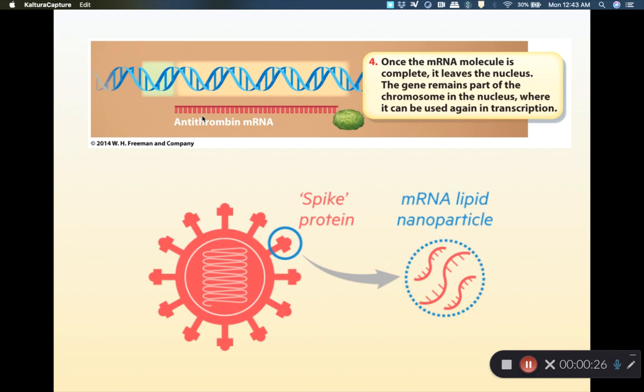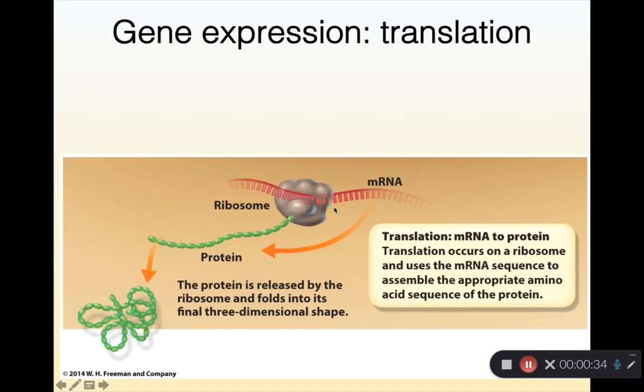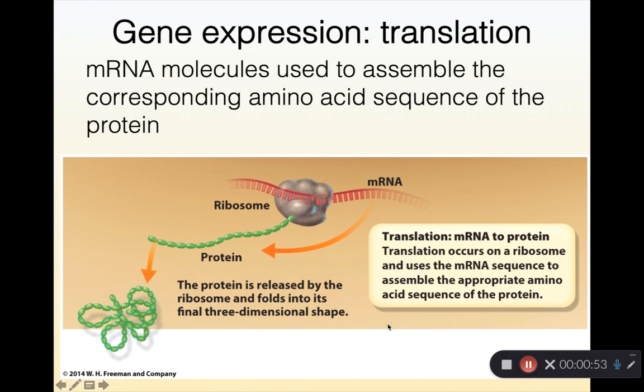And now what we're going to be doing is understanding how that mRNA helps create a protein. And that's really the process of translation, where we're going from this single-stranded mRNA to a ribosome to the creation of that single-strand protein, which then folds and creates that three-dimensional protein shape that we talked about previously.